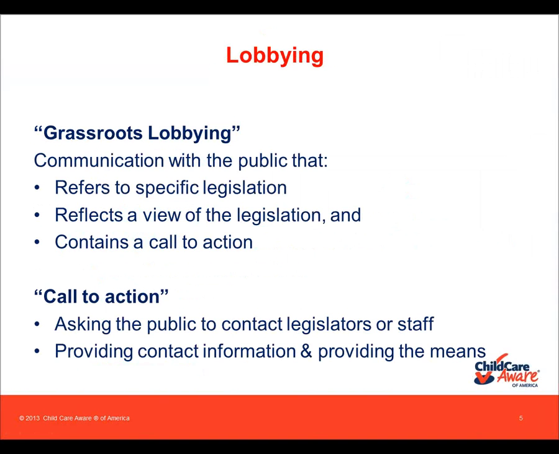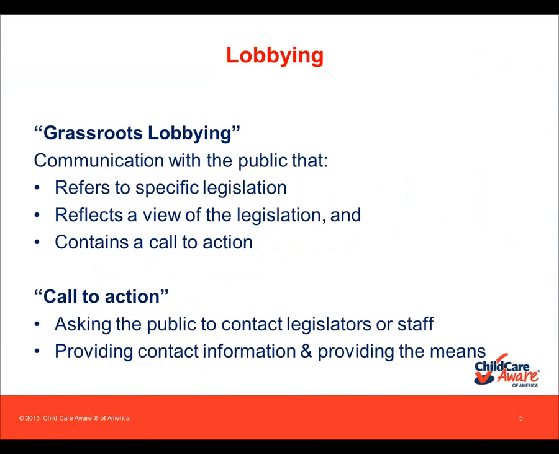So when you're saying in an email or any kind of communication to the field or citizens or parents or child care providers or staff members, whatever that is, it's saying we support, you take a position on a legislation, we support bill number 581, and you tell them why you're supporting that bill.